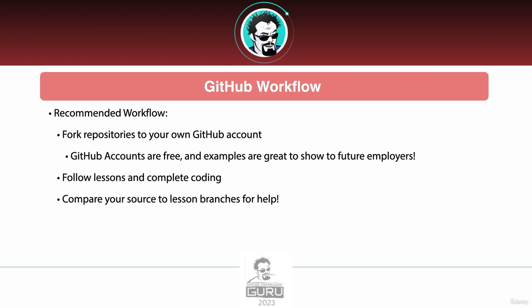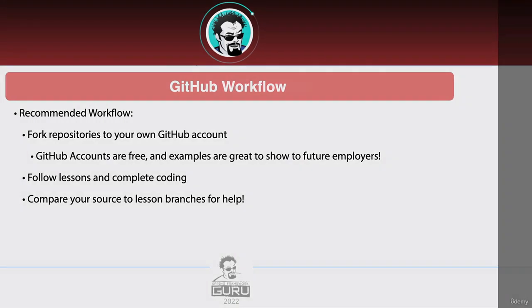Take my repository, fork it over to your own GitHub account. The GitHub accounts are absolutely free, so there's no cost to that. And when you do this, you'll be able to provide examples to show to your future employers. I do recommend you follow the lessons and complete the coding exercises. And if you do need help, you can always compare your source code to the lesson branches to see the difference between your code examples and my code.